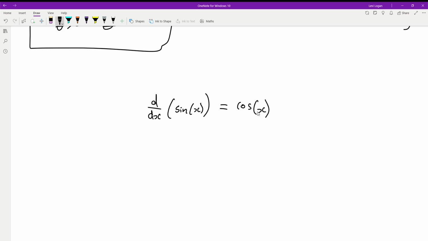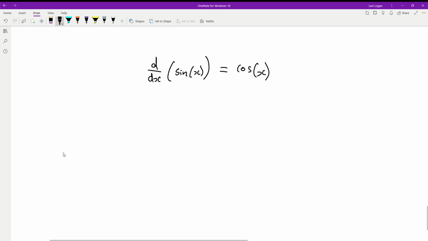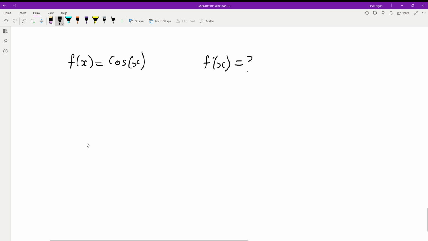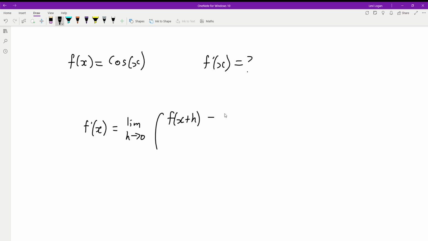Now, will it be the same if I differentiate cos of x? Will I get sine of x? We can't be fully sure at the moment, but we can find out using the same thing. So, if f of x is cos x, what will f dash of x be in this case? We're going to use our derivative from first principles: the limit as h goes to 0 of f of x plus h minus f of x, all on h.